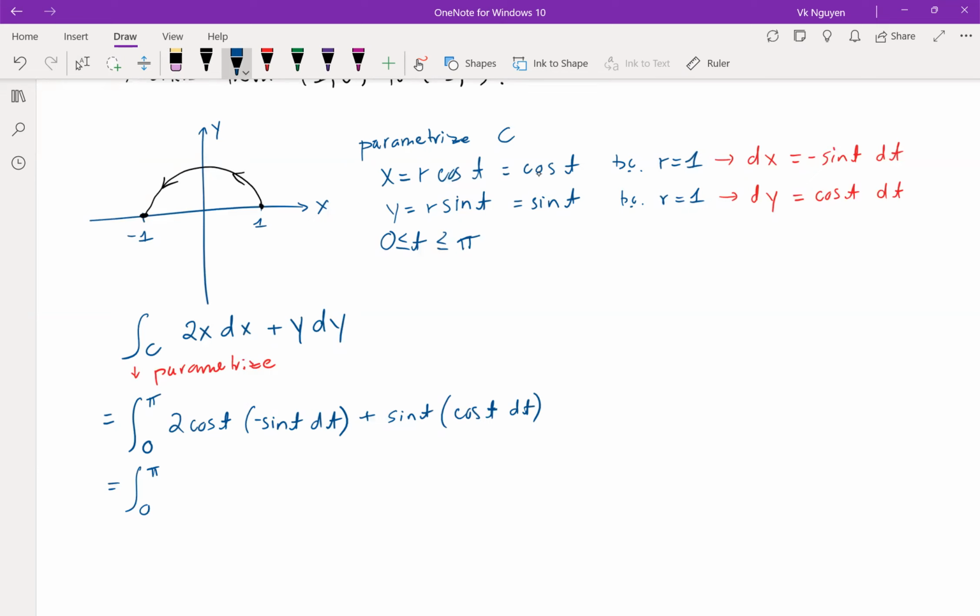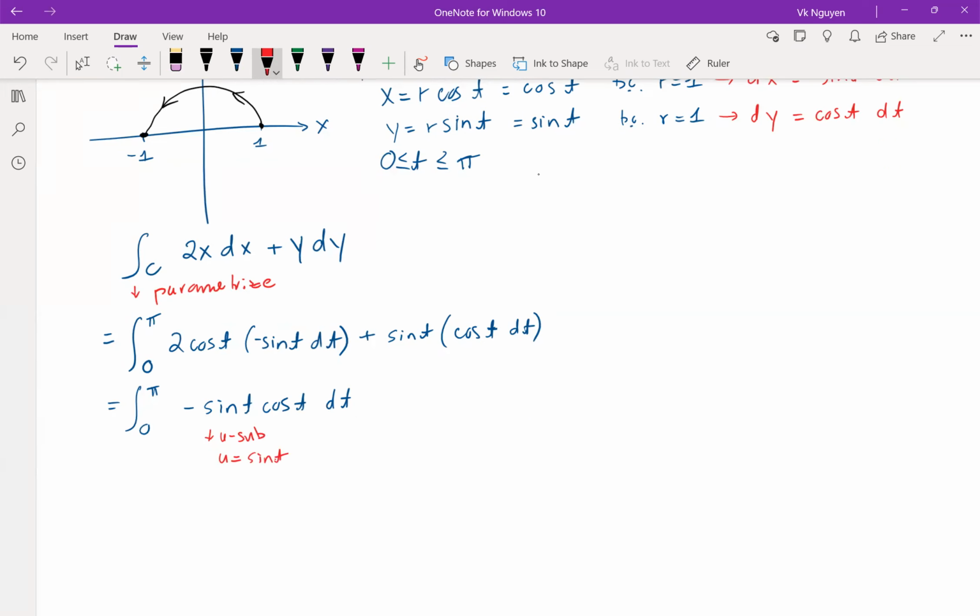We have negative 2 sine cosine plus sine cosine, which is going to be negative sine t cosine t dt. Let u be cosine t, meaning that's going to be du, negative sine t dt, and the integral of u is going to be u squared over 2, so it's going to be negative 1 over 2 sine t squared, 0 to pi.